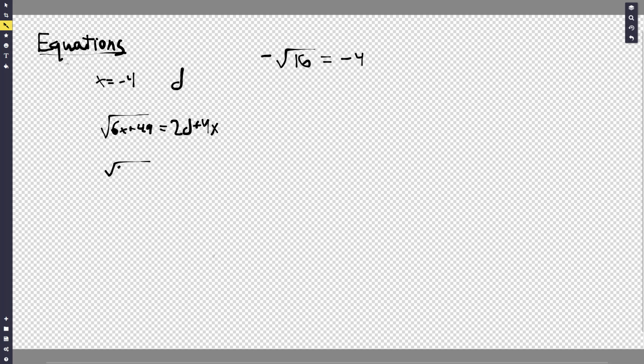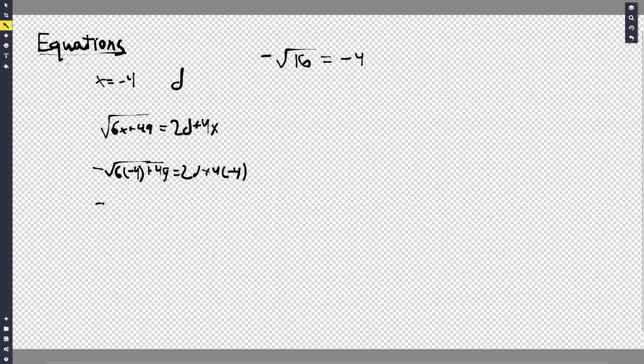So the square root of 6 times negative 4 plus 49 is equal to 2d plus 4 times negative 4. And remember, we're setting this to negative because we want to find an extraneous solution.